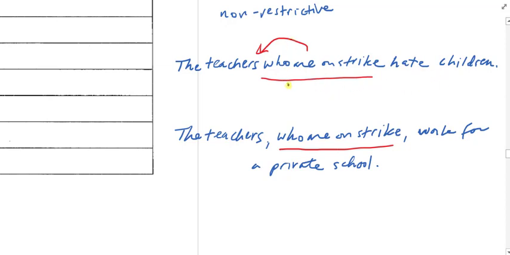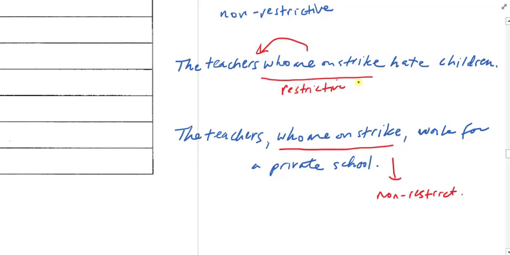Okay, so this is a restrictive relative clause, and this one is non-restrictive. I don't need the information of this relative clause to identify who the teachers are I'm talking about. Over here I do.